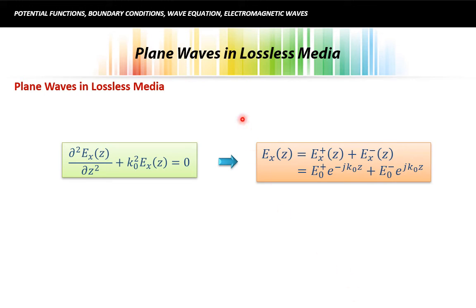The solution to the wave equation is a sum of counter-propagating waves in plus and minus z direction, with amplitudes of E0 plus and E0 minus.